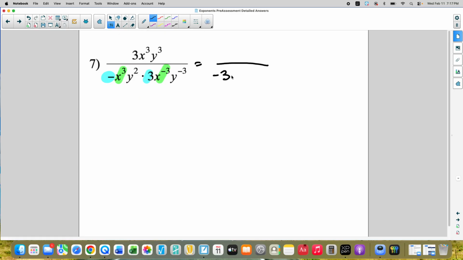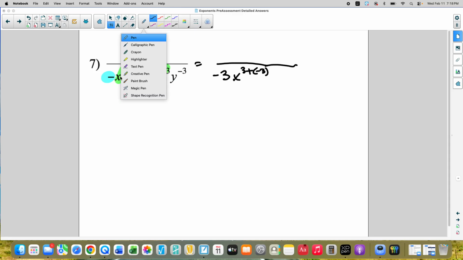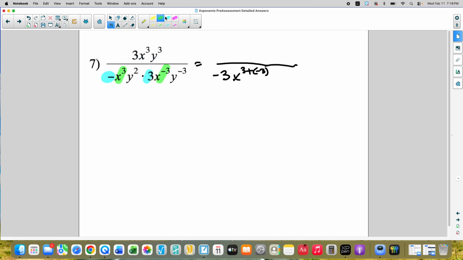So multiplying is x to the 3 plus -3. And so multiplication means addition. And then we'll do the y squares and y to the -3. We're still multiplying. So that is y to the 2 plus -3.